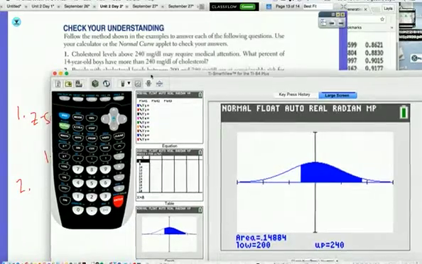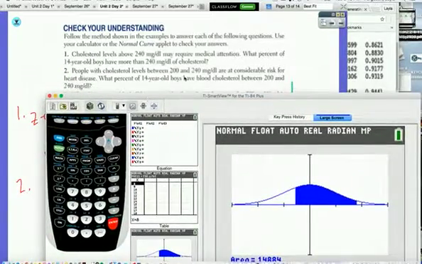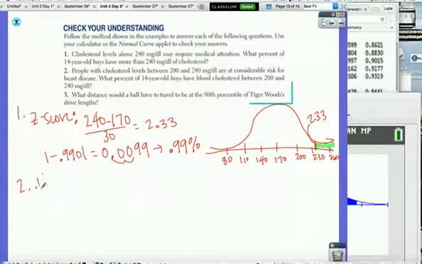So what that means is the percent of 14-year-old boys that fall within that range is 0.14884. And if you wanted to convert that to a percent, it would be 14.88%.